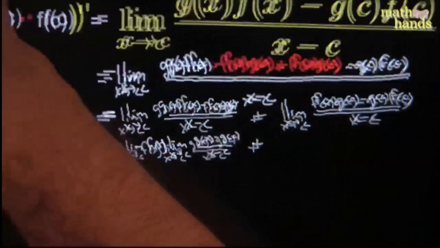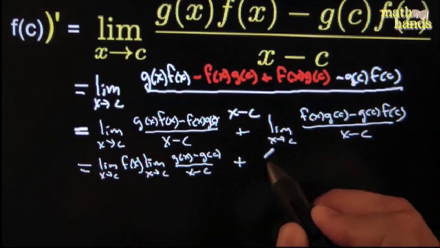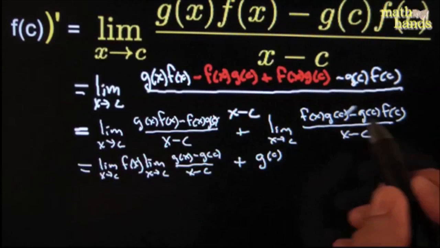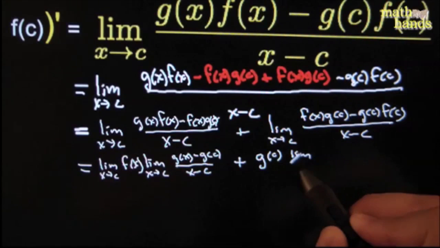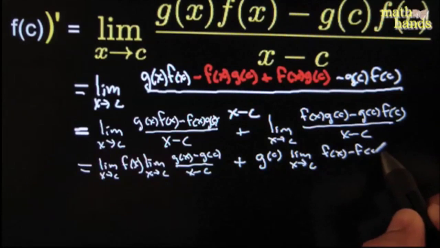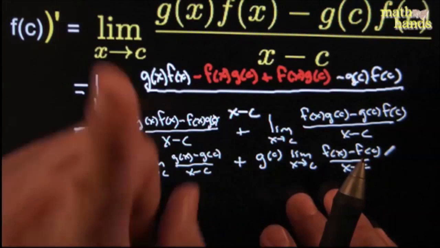It'll be really clean if we do it this way. So I could pull out the g of c, and that would leave in there the limit as x goes to c of f of x minus f of c all over x minus c. Stop me if I'm lying. But wait, there's more.